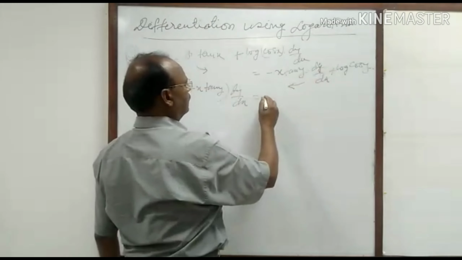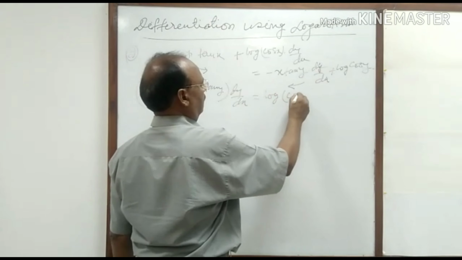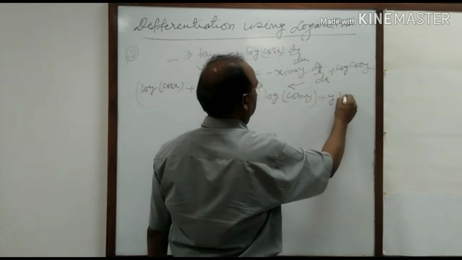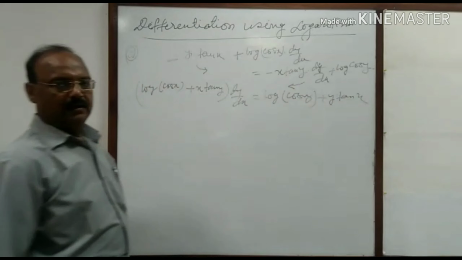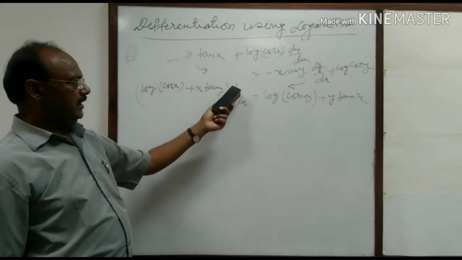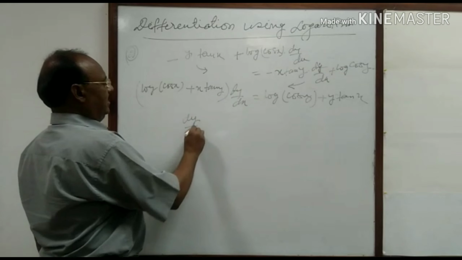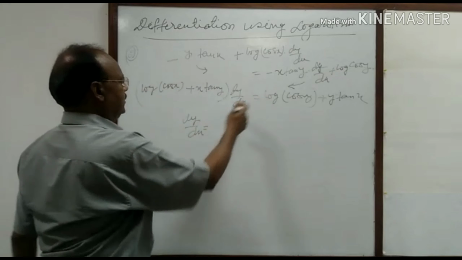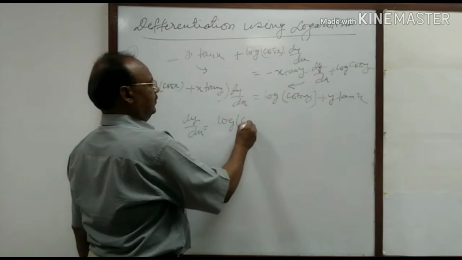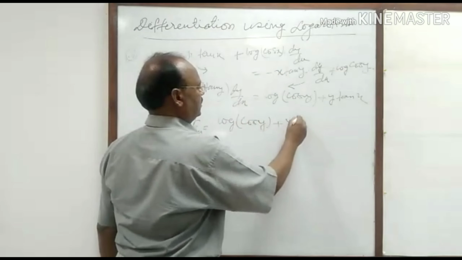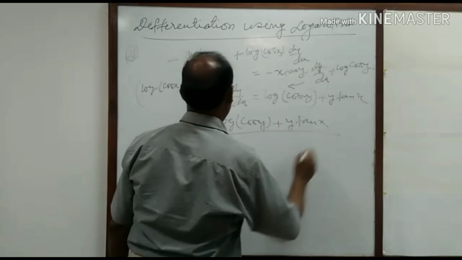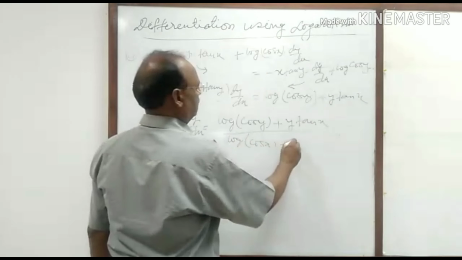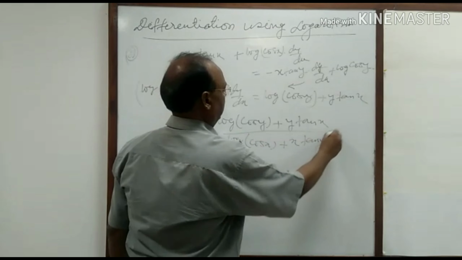So here we are having log of cos y, and the other term will be transferred to the right hand side, becoming y tan x. Now we have got a very simple form, so we get the value of dy by dx. This part will be transposed to the right hand side, it will come in the denominator, so dy by dx is log of cos y plus y tan x upon log of cos x plus x tan y.